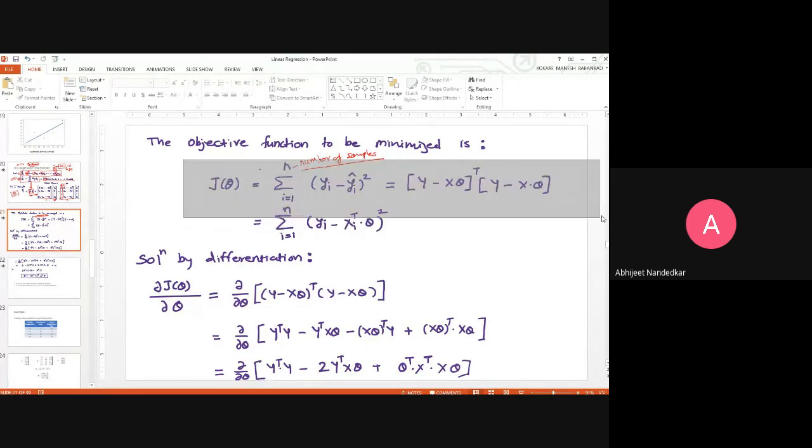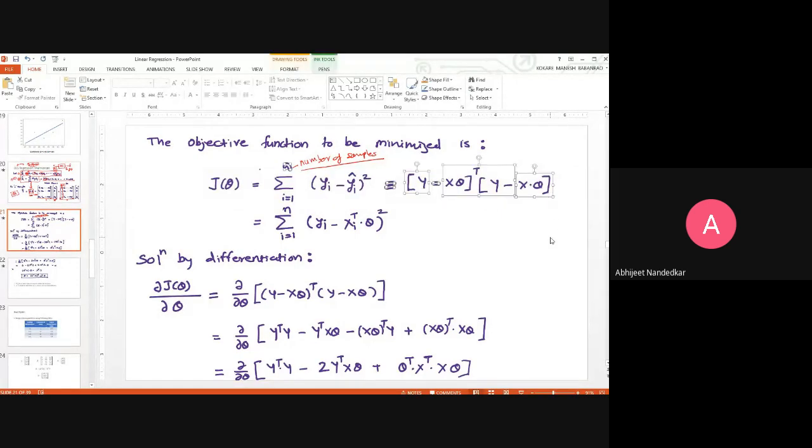See this equation which I am marking now. This is called the objective function, which is the sum over i equal to 1 to n, that is all samples. We have to fit a straight line or a plane.